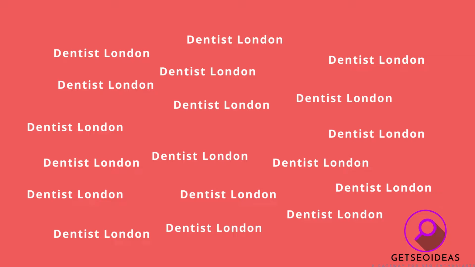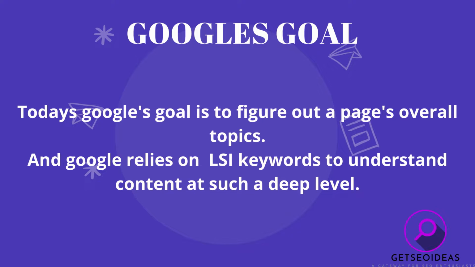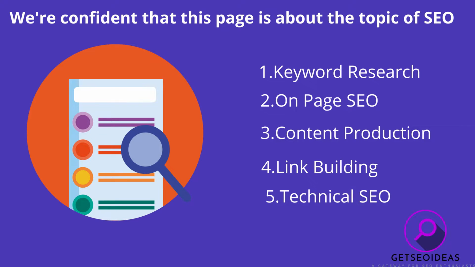Fast forward to today and Google is much smarter and their algorithm is way more complex and advanced. Today, Google's goal is to figure out a page's overall topic, and Google relies on LSI keywords to understand content at such a deep level. For example, let's say you just published a blog post on your website about SEO.